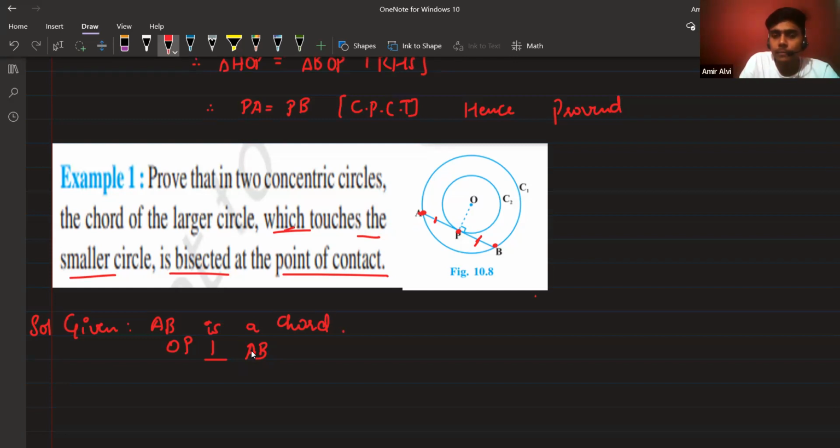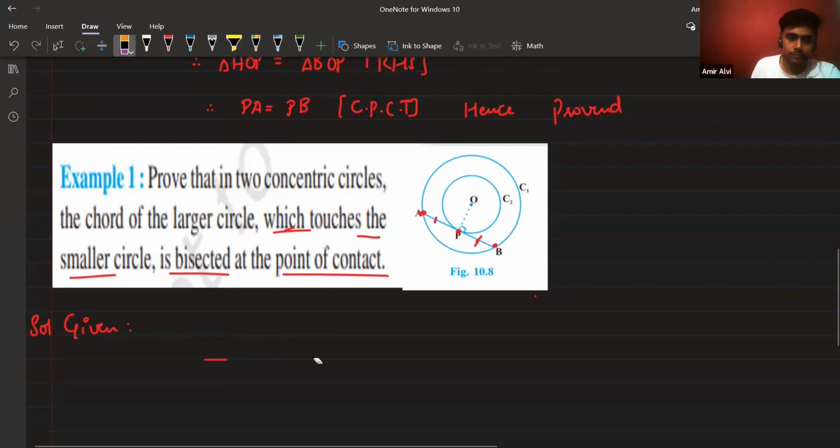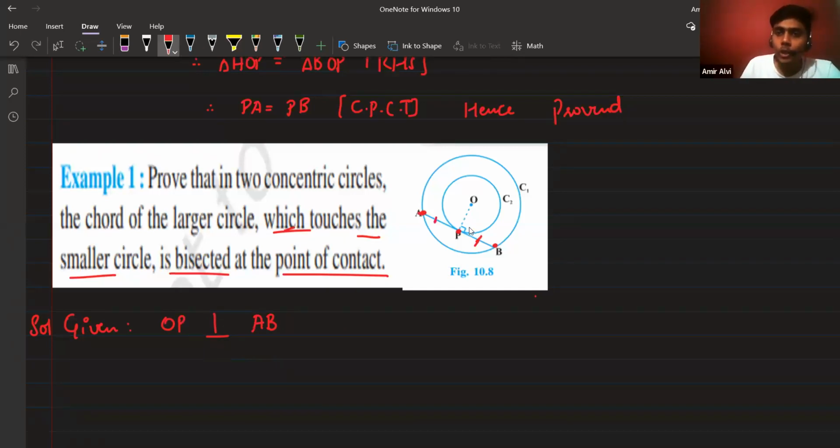I'm asking why OP is perpendicular to the chord AB. Because it's 90 degrees. Very good, Karishma, that's a new thing. You have increased my knowledge. Thank you, sir. The radius is perpendicular to the tangent at the point of contact.